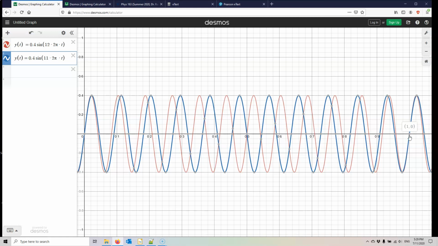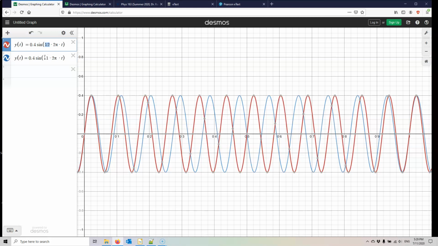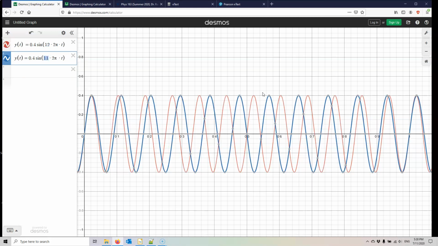By the time 1 second is over, they're again in sync, except the red one has done 1 full extra cycle, because it's 12 Hertz versus 11 Hertz. Then the cycle starts again: the next second starts, and the blue one is again falling behind just a tiny bit. So it looks like here they're constructively interfering, over time it's somewhere in between, and at 0.5 they're definitely destructively interfering.